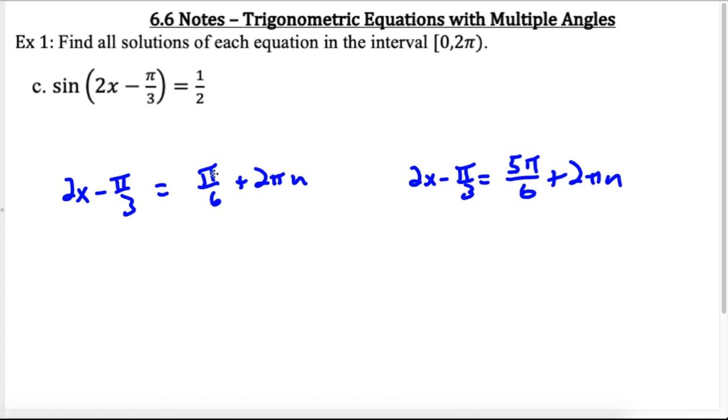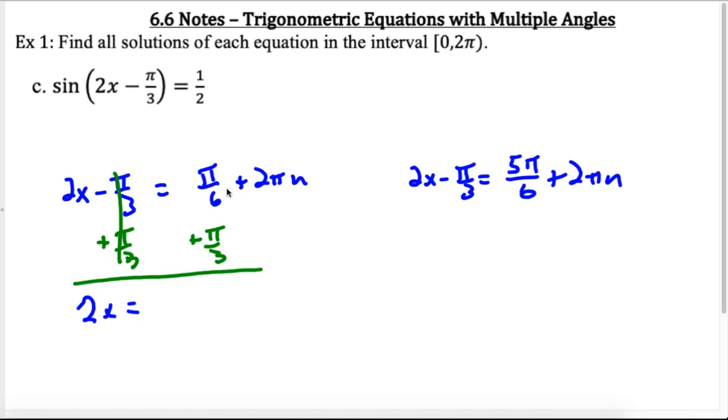Now I need to solve each of these equations for x. So the first thing I want to do is add pi over 3 to both sides. So here, obviously these will cancel, but here I'll get 2x equals pi over 6 plus pi over 3. Well, this would be 2 pi over 6.